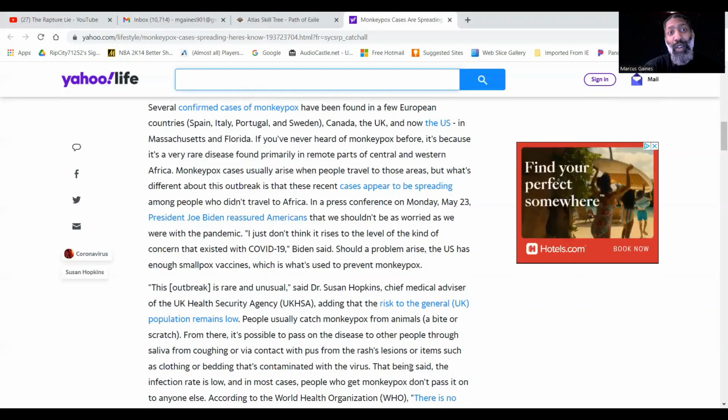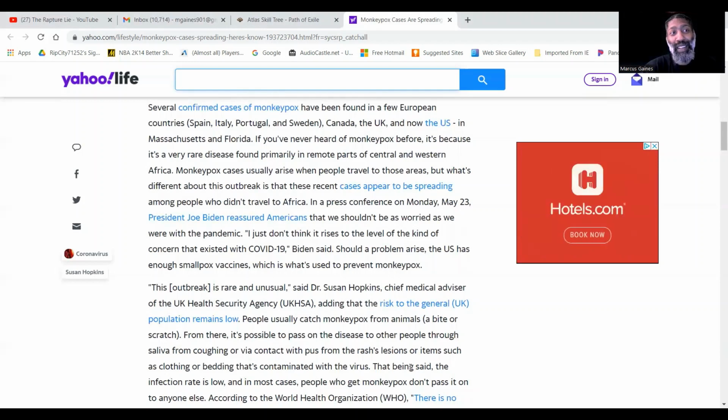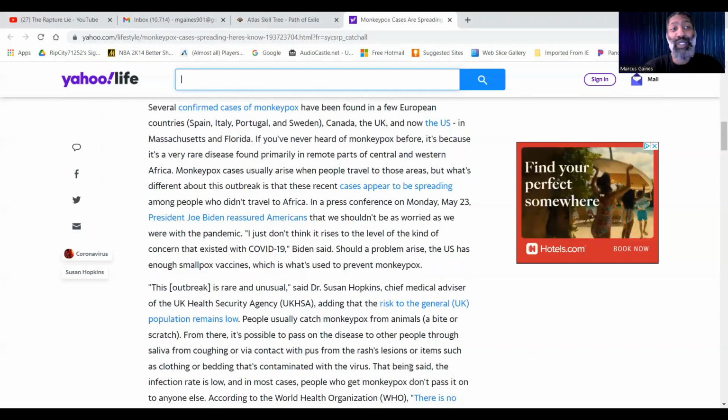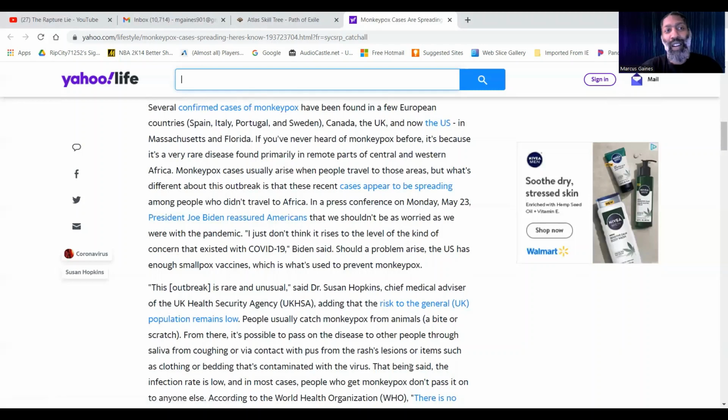If you've never heard of monkeypox before, it's because it's a very rare disease found primarily in remote parts of Central and Western Africa. Monkeypox cases usually arise when people travel to those areas. But what's different about this outbreak is that these recent cases appear to be spreading among people who didn't travel to Africa.